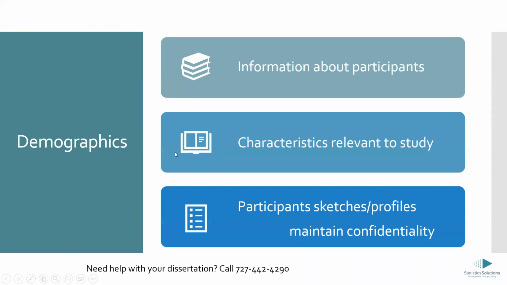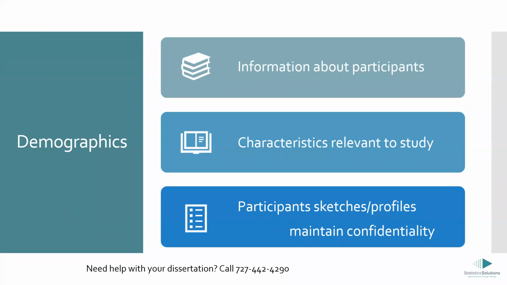So let's talk about, moving on from there, the demographics. This is going to be a simple section. This is often a section that you can write really quickly as you're thinking about it. You'll need to do three big things. You'll need to have some information about your participants that is both general and specific.